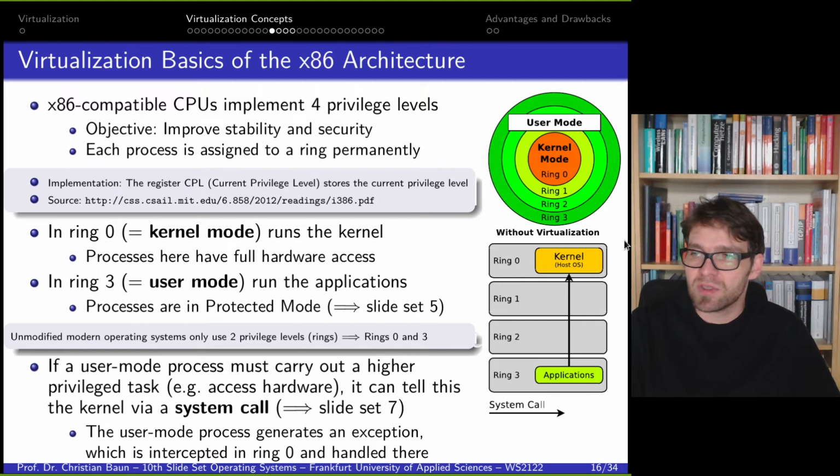It was just to keep it portable, because there were a lot of hardware architectures in the past which had support for just 2 privilege levels.